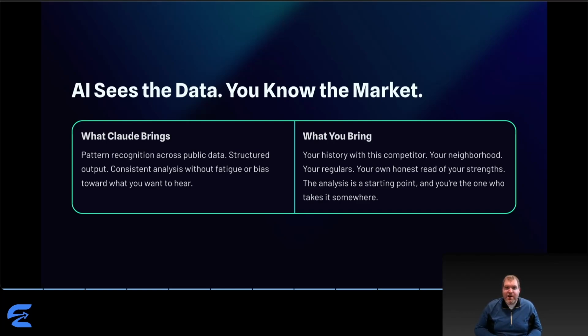It doesn't know that they've been in the community for 20 years, or that their rough reviews came from one bad month during a staffing crisis. You bring that context. The analysis gives you a structured starting point. Your market knowledge is what turns that into a real decision.